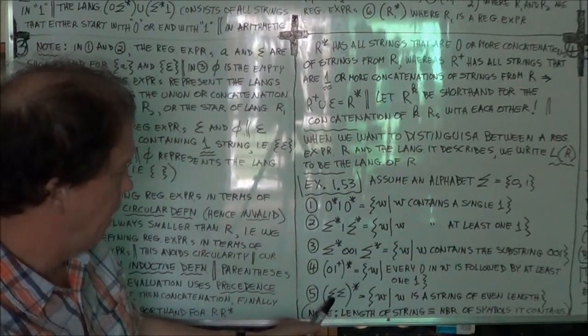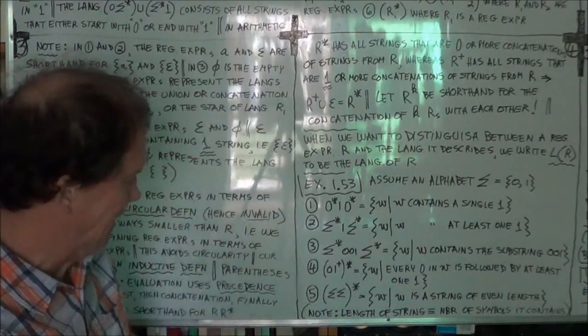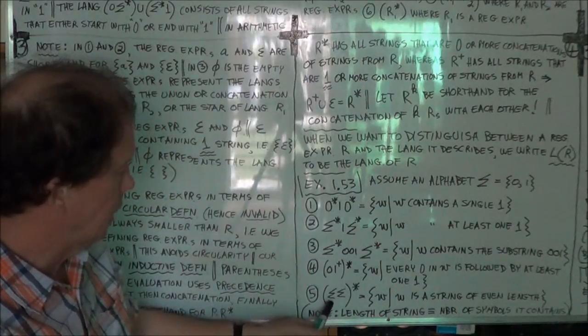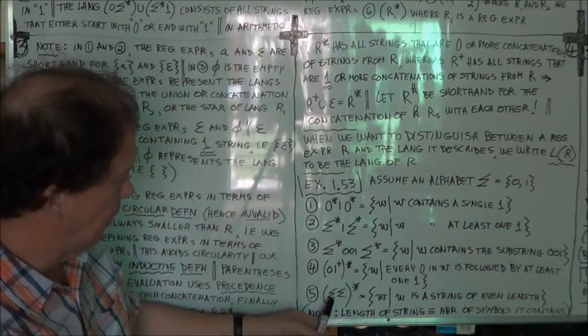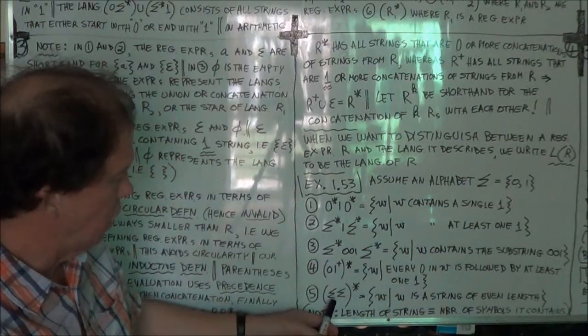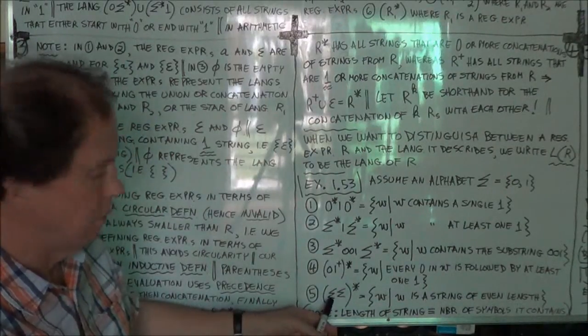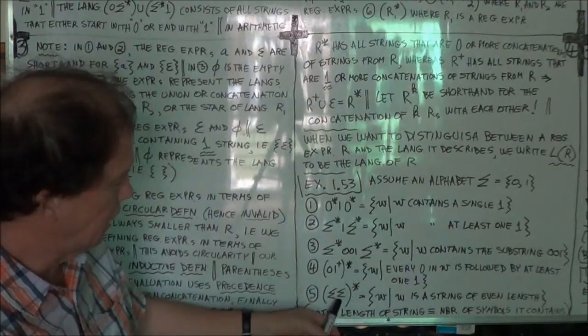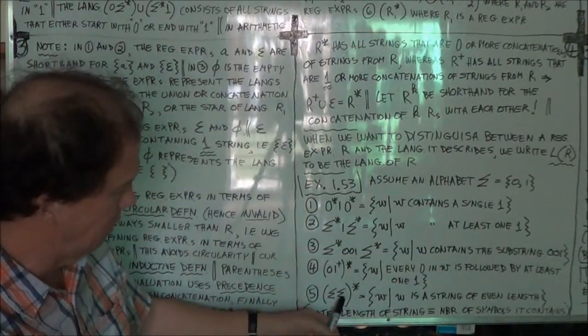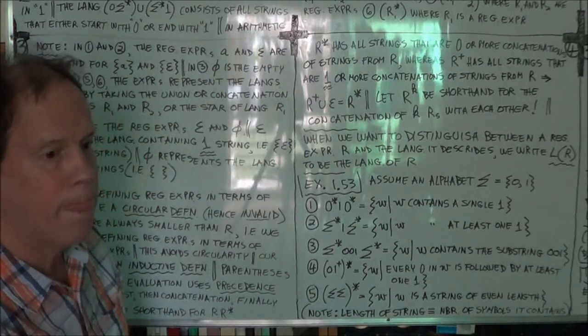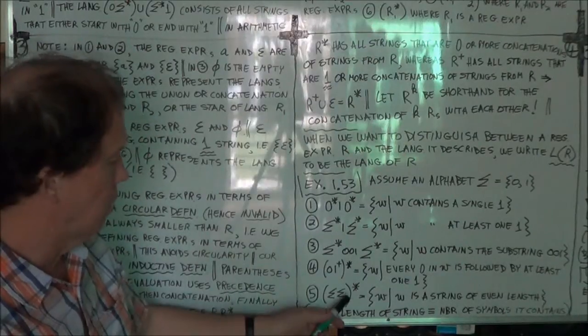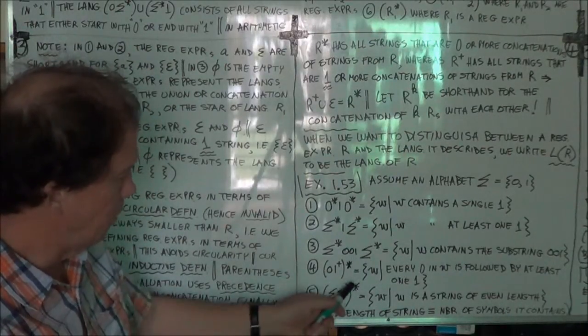It's the binary alphabet, so the length of each string in the alphabet is just 1. And you're concatenating it with the same sigma. So what would this set be like, forget about the star for the moment.